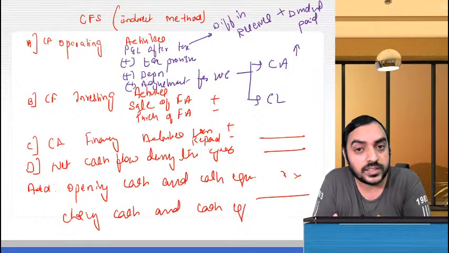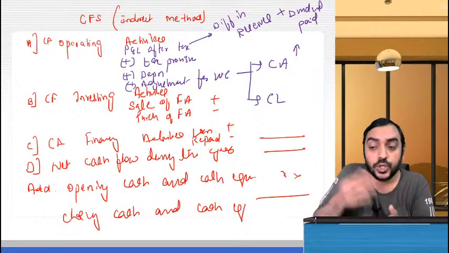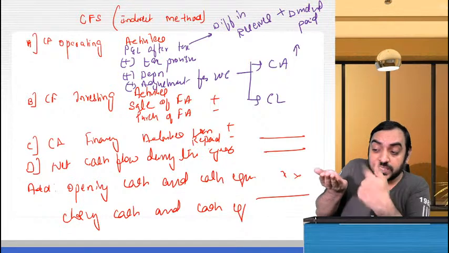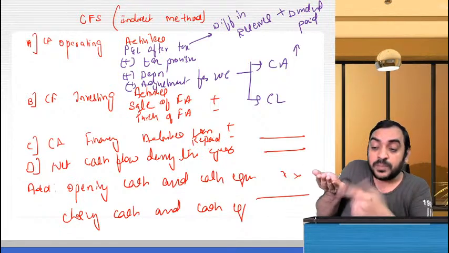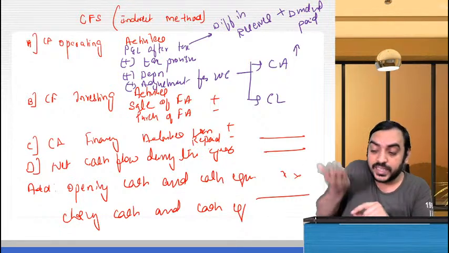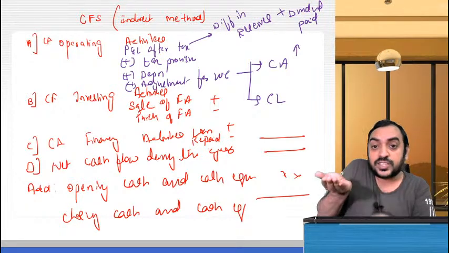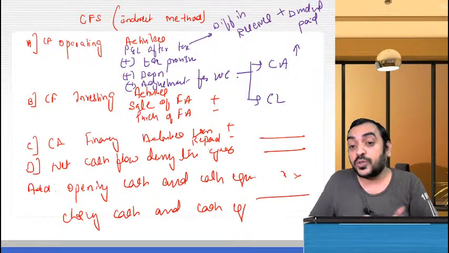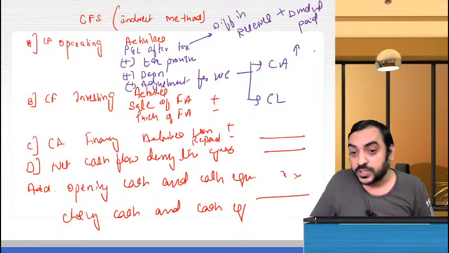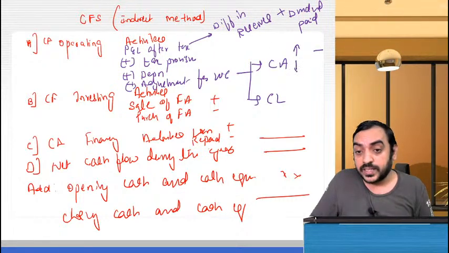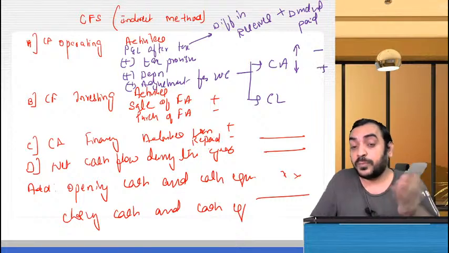Now we are trying to understand the impact on the cash balance. Stock increases, cash is another asset, so what will be the impact? One asset increases, another asset will reduce. That's why a current asset increase means the impact on the cash flow statement is minus. A current asset reduction means the impact is plus.